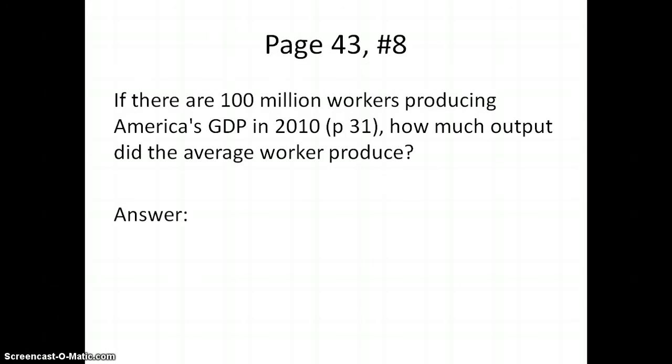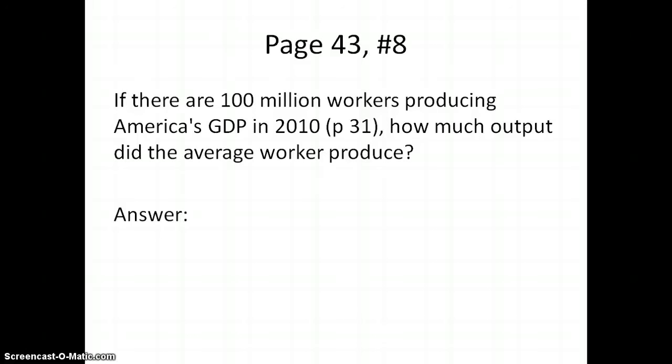Okay. So the next question that requires a calculation states that if there were 100 million workers producing America's GDP in 2010, how much output did the average worker produce? Again, the number of workers is different in your question. But for this one, we're saying suppose there's 100 million workers.